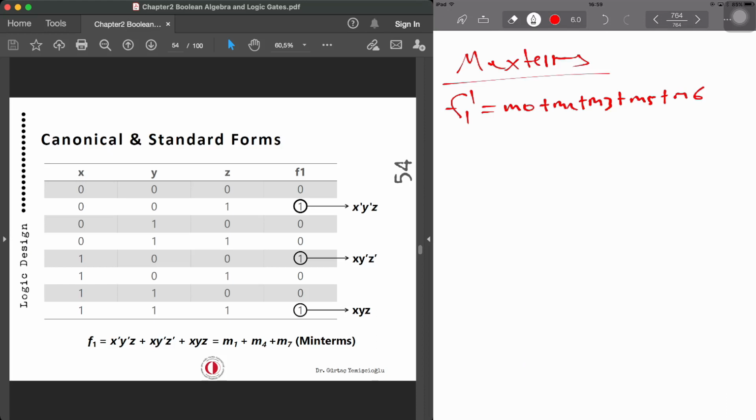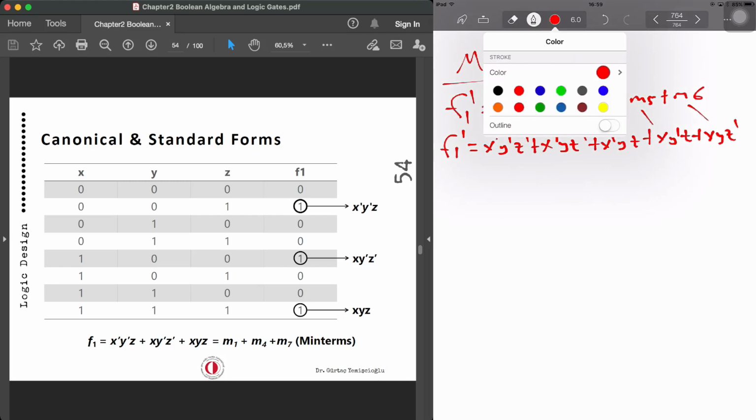So if you write an expression for it, f1 prime is going to be x prime y prime z prime, or x prime y z prime, or x prime y z, or x y prime z, or x y z prime. These are our minterms. Now, as this is f prime, I have to use De Morgan and take the complement of that.